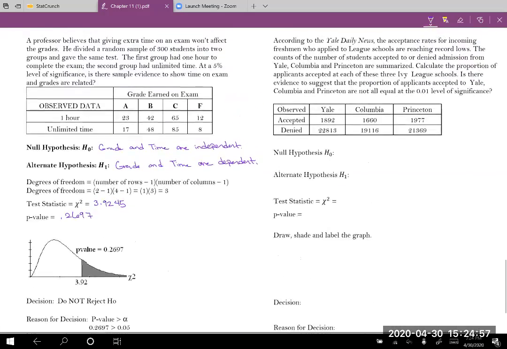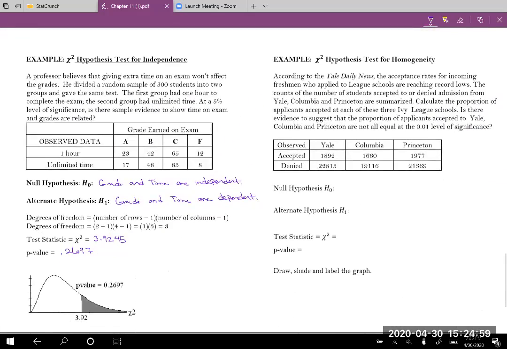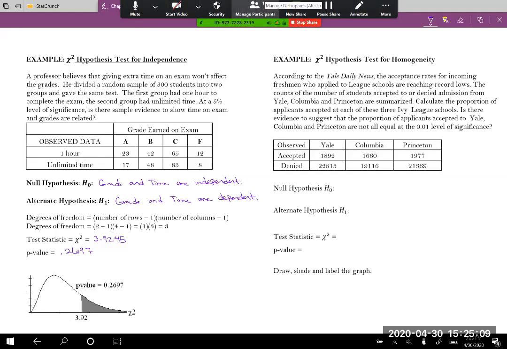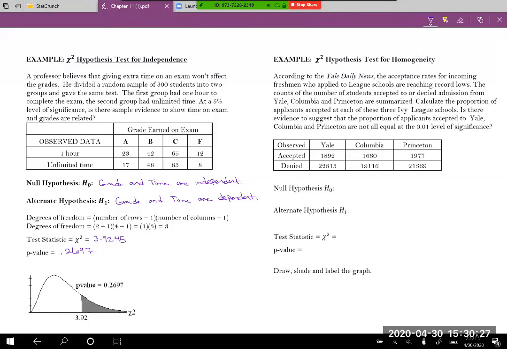Okay, so let's look at one more example. This is a hypothesis test for homogeneity. According to Yale Daily News, the acceptance rate for incoming freshmen who applied to Ivy League schools is reaching record lows.